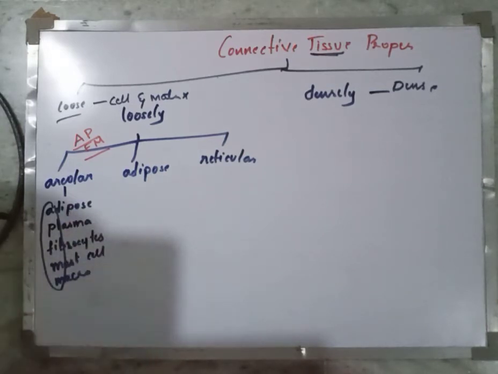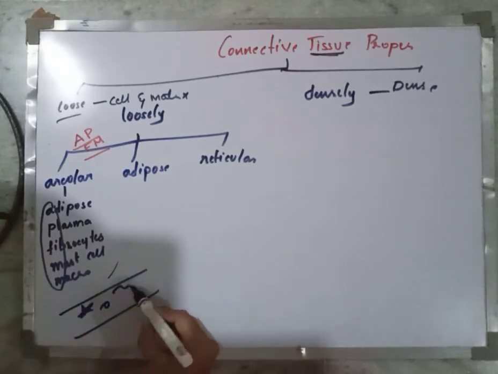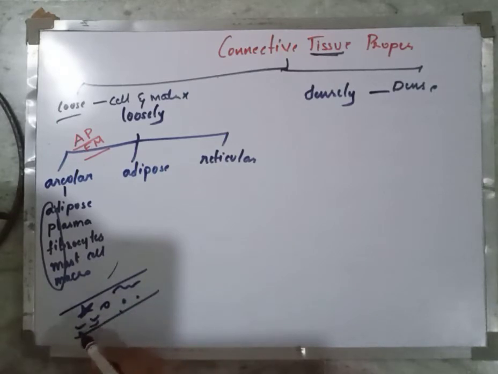How these cells are arranged in the tissue: if we take this as a tissue, this areolar tissue contains all these five types of cells. Here are the adipose cells, these are the plasma cells, these are the fibrocytes, these are the mast cells, and these are the macrophages.